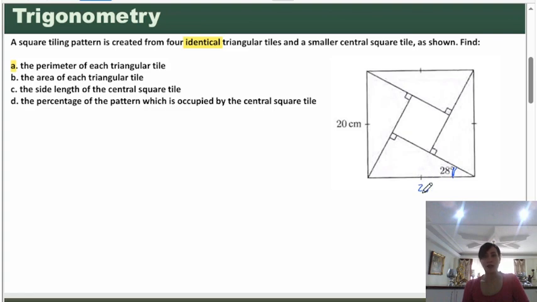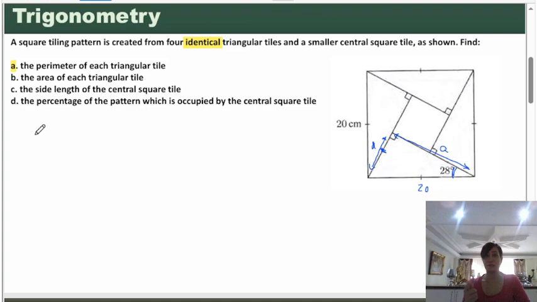To find all the sides here, I need to find this side, which I call x, and this side, which I call a. I use the hypotenuse and these angles. We see x is the opposite side of this angle.